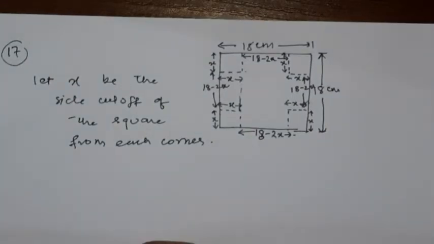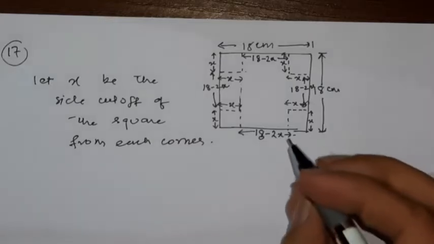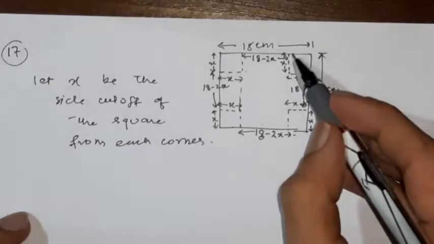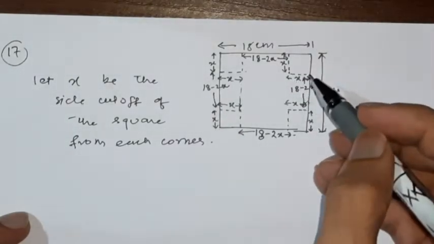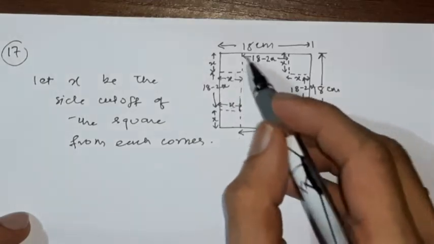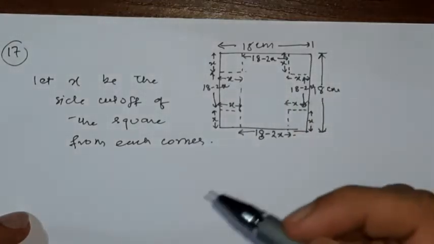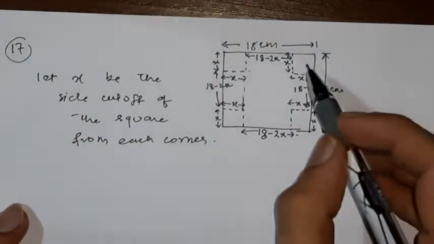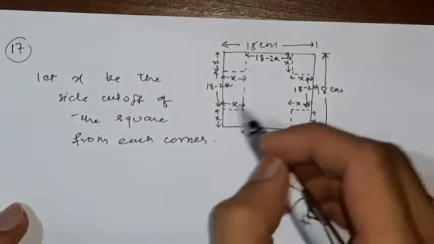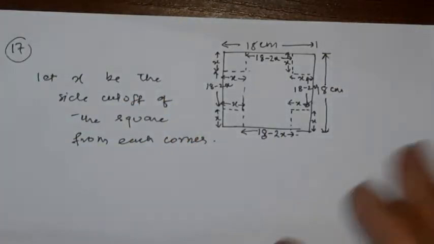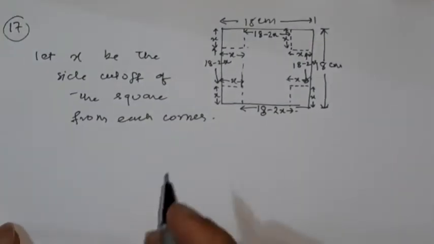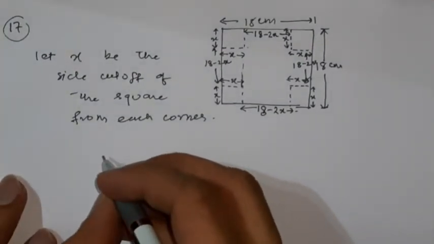What we have to find is the maximum possible volume of this box. You can cut different squares of side X, but we have to find the X for which the volume of the box that you will make should be maximum.